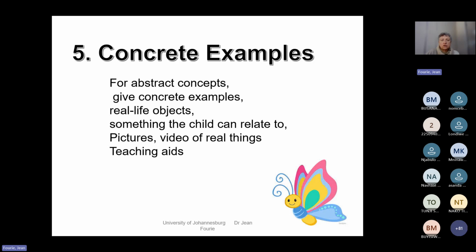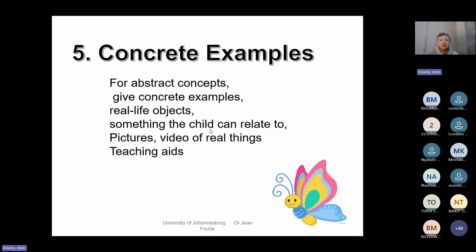We are using terminology that is in the realm of imagination, even something like gravity. We feel it all day, the idea of gravity, but we can't really see it. So we need to really have concrete examples of a lot of the concepts that we teach at school.